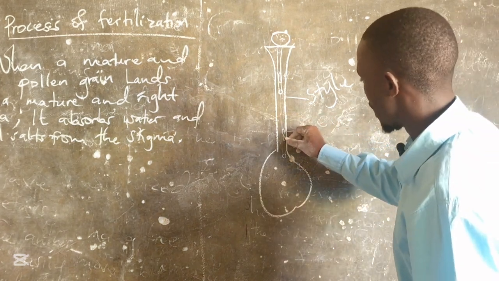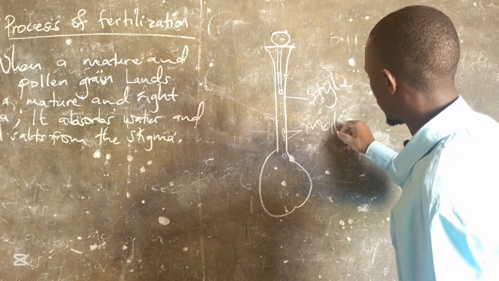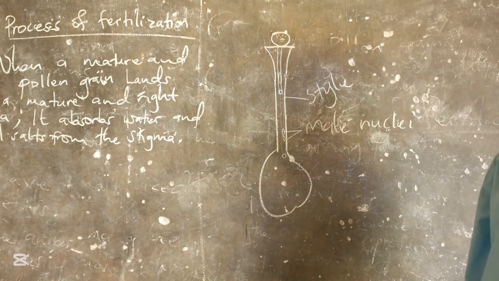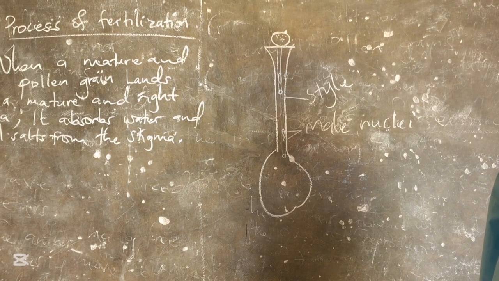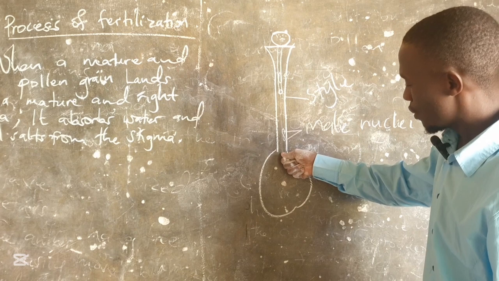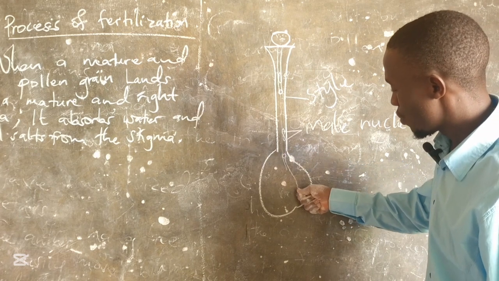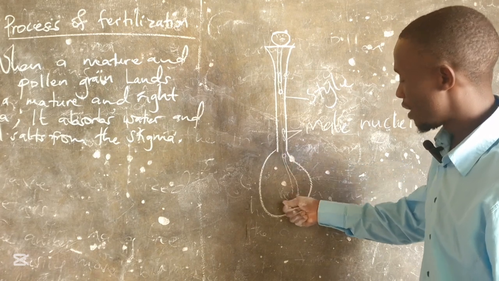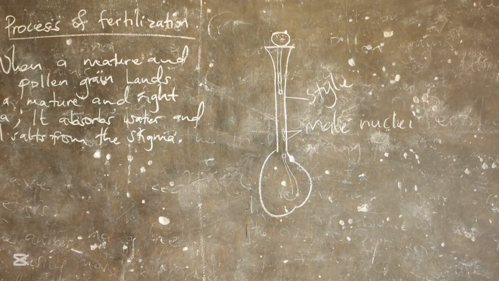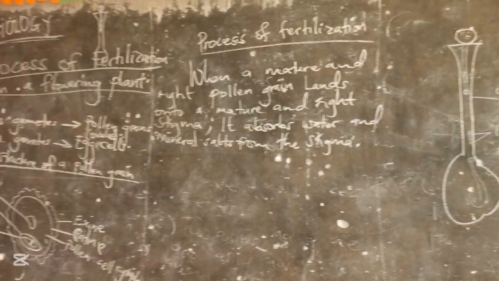These are the male nuclei formed. So as the pollen tube enters the ovule, like I've been showing you here, now the pollen tube is inside the micropyle of an ovule.